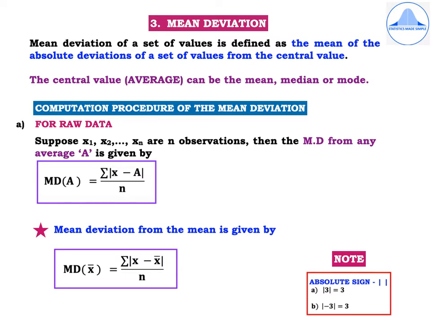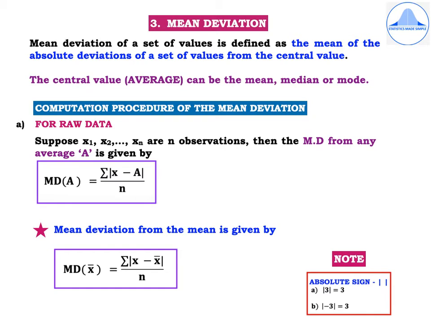Modulus of 3: 3 is a positive number, so modulus of a positive number will remain positive. So modulus of 3 is equal to 3. Second subdivision, modulus of minus 3 becomes 3. So remember that the modulus of a negative value becomes positive, whereas the modulus of a positive value will remain positive. This is a very important point.